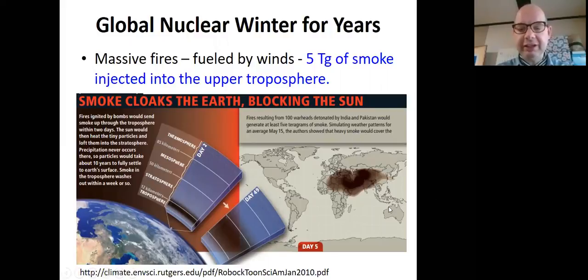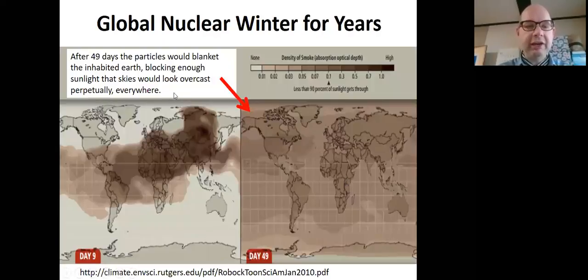You can kind of see that here in this picture, how the smoke would envelop the area. After 49 days, the particles would blanket the inhabited Earth, blocking enough sunlight that skies would look overcast almost everywhere. You can see that here. Looks almost overcast. This is after day 9. This is day 49.